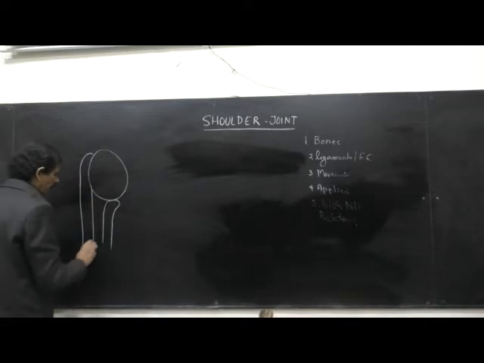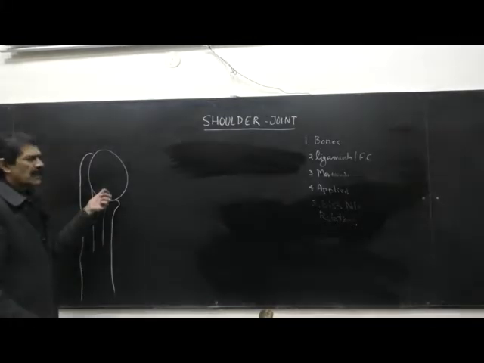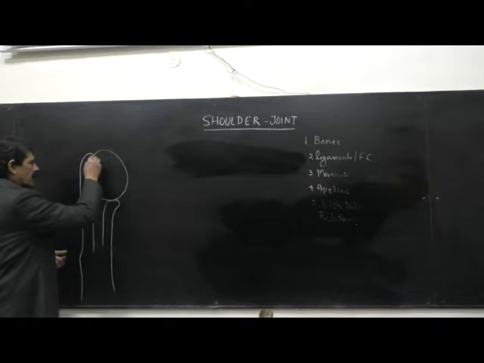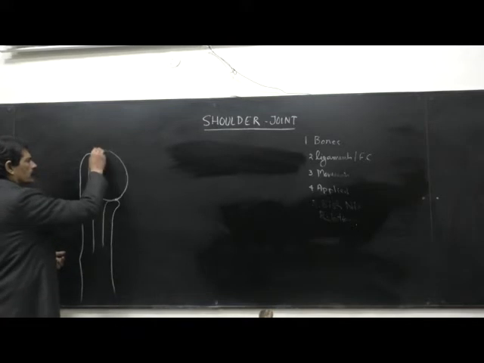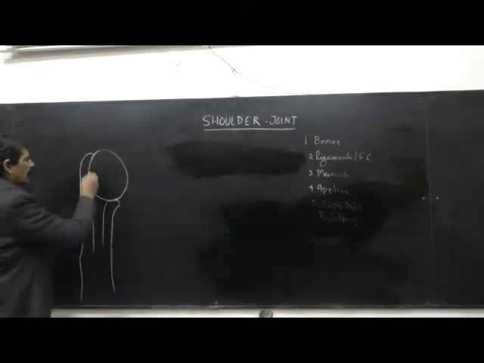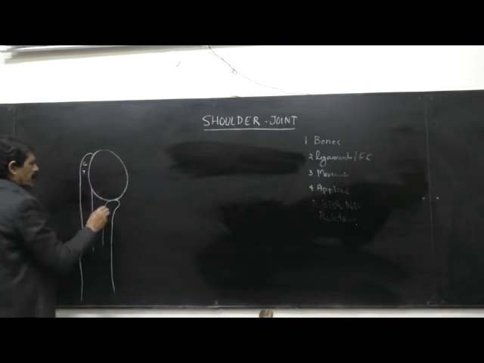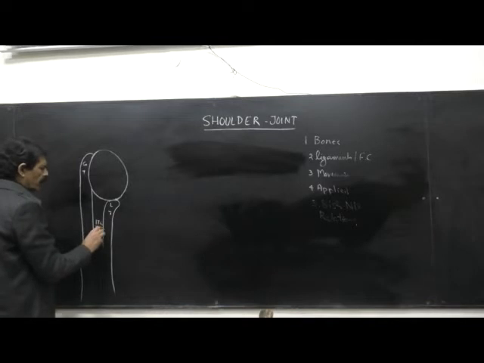So we have to make the diagram of the head of the humerus, and this line shows the anatomical neck of the humerus, and this is the greater tubercle and this is the lesser tubercle, and this is the intertubercular groove, or what is called the bicipital groove.